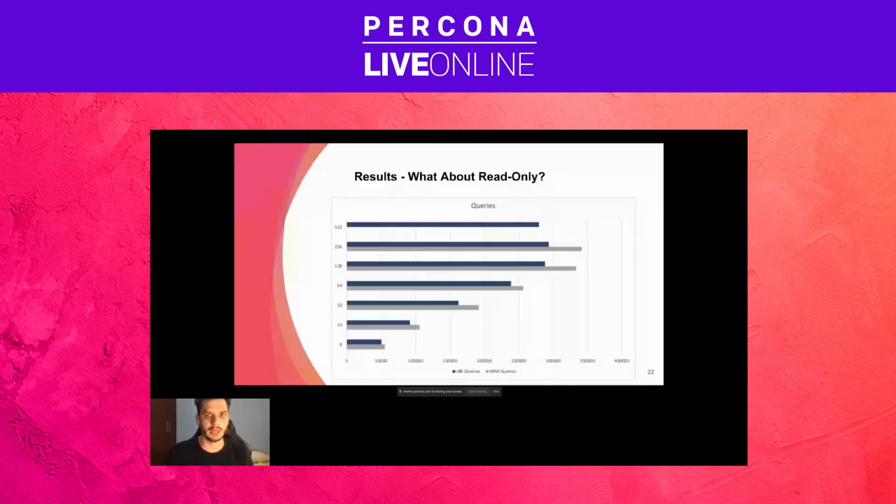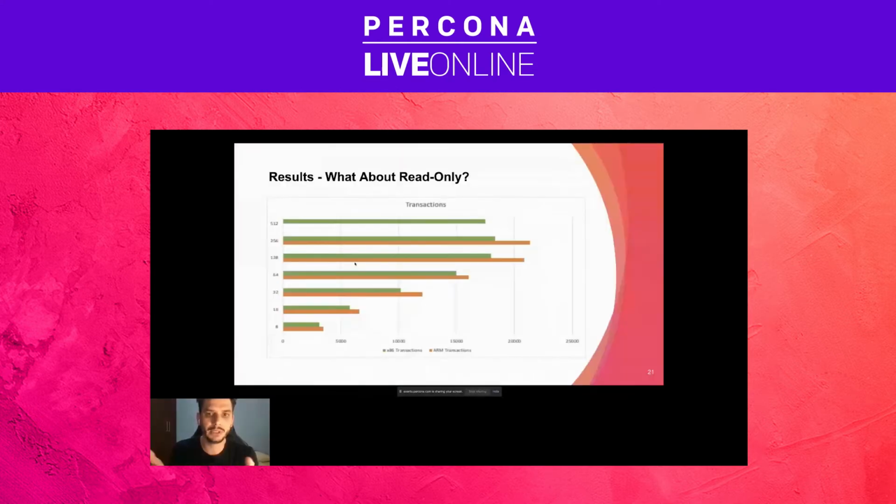So these are the results for read-only. And again, I couldn't run 512 threads, but most of the time ARM performed better.